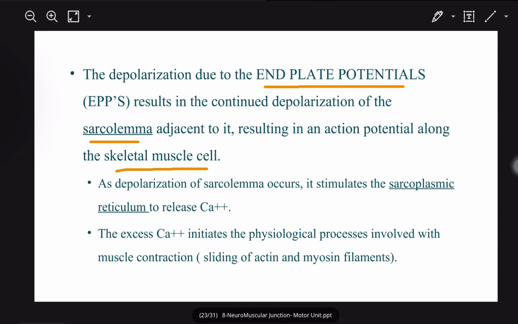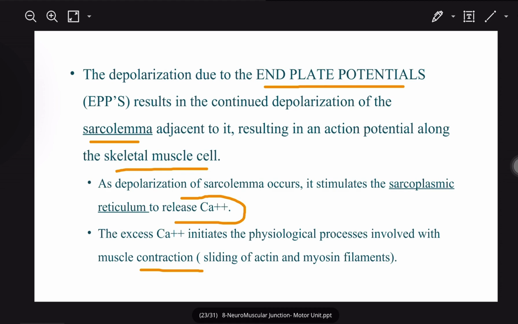When depolarization of the sarcolemma occurs, it stimulates what we call the sarcoplasmic reticulum to release calcium again. The excessive release of calcium initiates what we call the physiological process involved with muscle contraction.